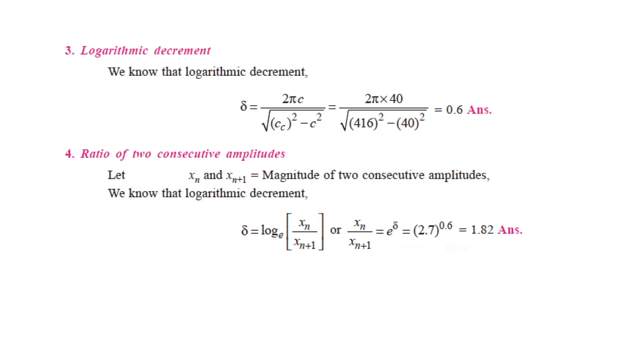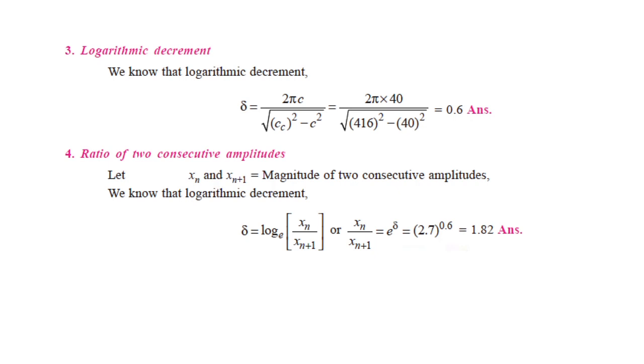Next, the fourth thing asked in this problem is the ratio of two consecutive amplitudes, that is xn upon xn plus 1. Now we know logarithmic decrement delta can be given by two formulas. One formula we have used in the third case, that is 2 pi c upon square root of cc square minus c square. Logarithmic decrement delta can also be given as delta is equal to log to the base e of the amplitude reduction ratio, that is xn upon xn plus 1.